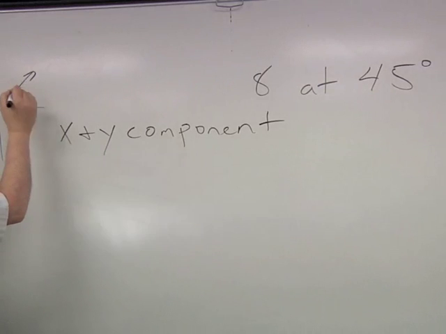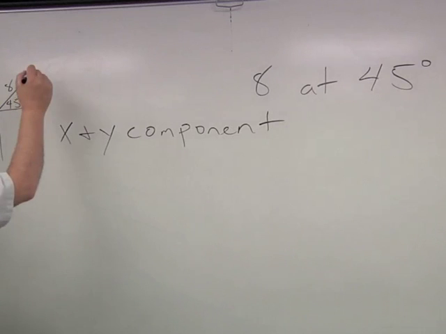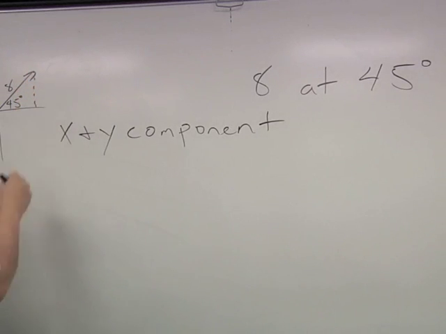That is 45 degrees. The magnitude of that is 8. And we can look in terms of the x and y component. And so in terms of those, I could drop this straight down. We got that this would be the x component. This would be the y.